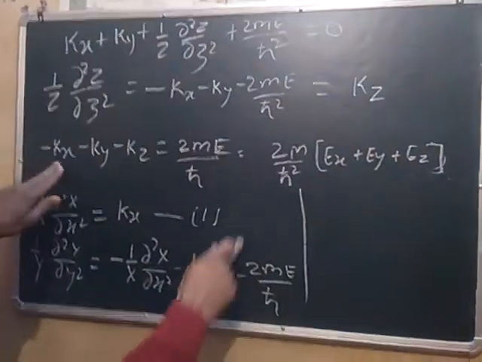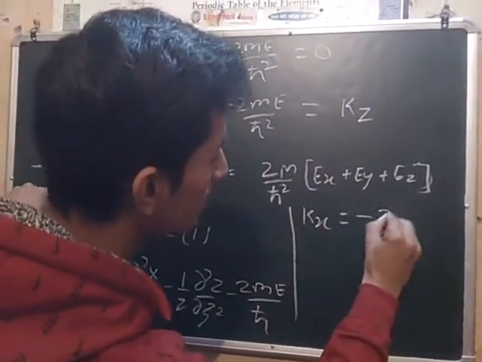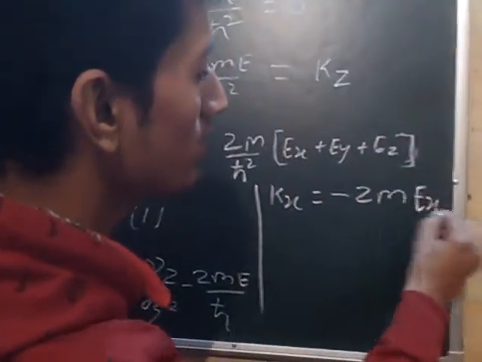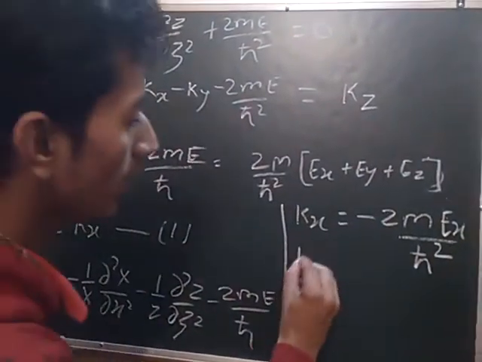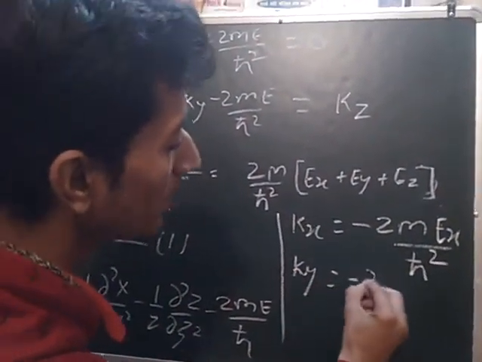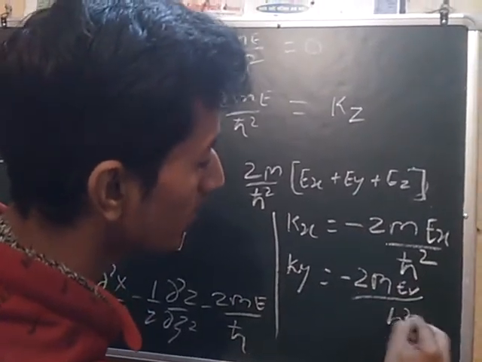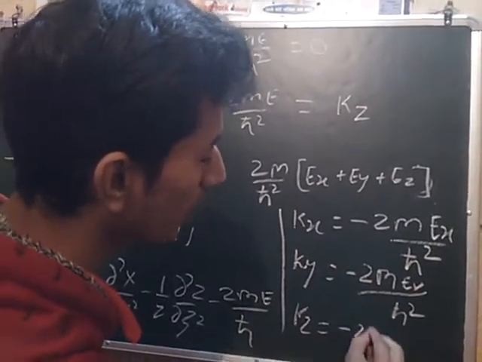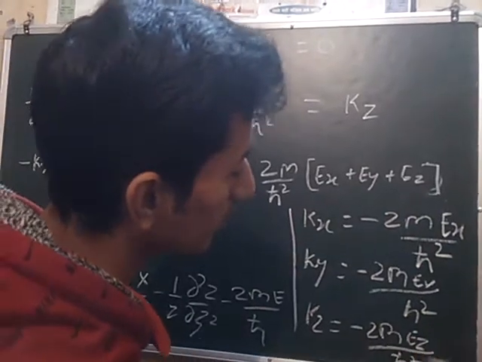So for kx, it is equal to minus 2m Ex upon h bar square. Ky can be written as minus 2m Ey upon h bar square. For kz, it can be written as minus 2m Ez upon h bar square.